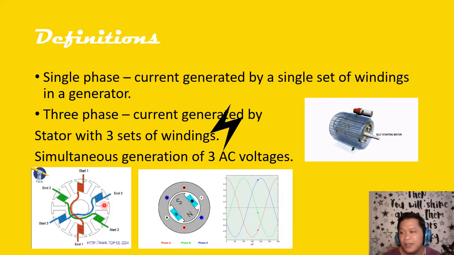Okay, and in three phase, there is a simultaneous generation of 3 AC voltages. So as you can see from the sinusoidal graph, aim lang nito is parang to make the generation of electricity smoother. Okay, and we'll explain more of that later.